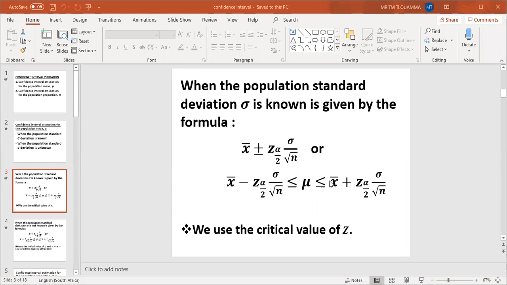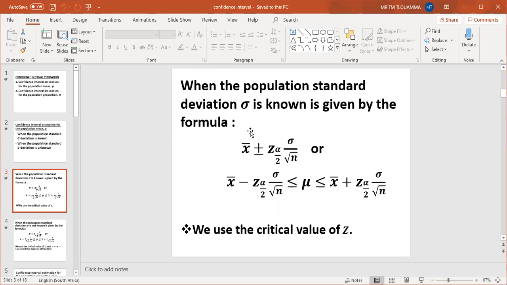It is the same as this, the only difference is that this one is not expanded, and the second one is written in a proper way because we are talking about intervals, right? So at the end we should have an answer which is written in intervals.